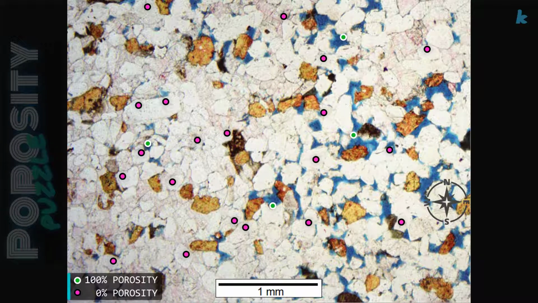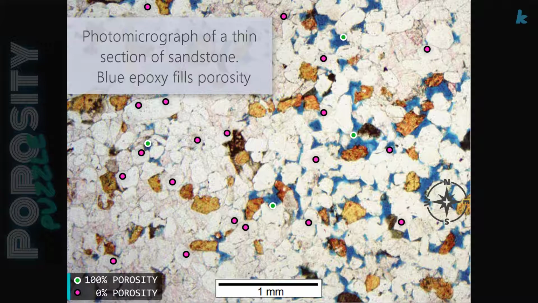What you're looking at here is a thin section photomicrograph of a sandstone. You can see the scale at the bottom, a millimeter. The white features are quartz grains, and the reddish brown are lithic fragments. The blue is blue epoxy, which has been impregnated into the sandstone. So everything you see in blue is porosity, actually.